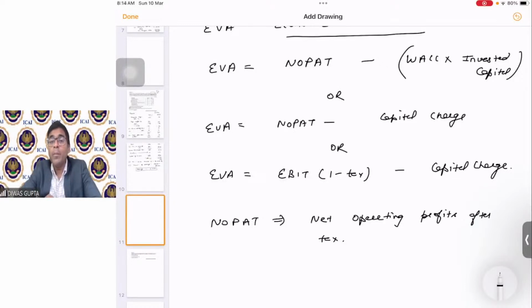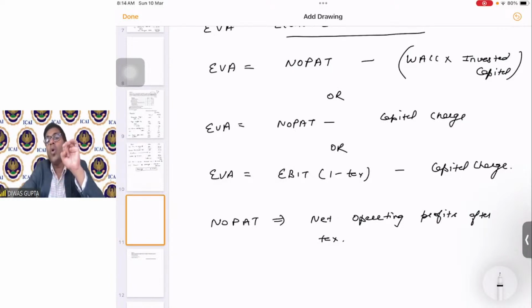What is NOPAT? NOPAT is the net operating profit after tax. If I tell you that by investing that 1 crore, I am able to earn 30 lakhs from the business, that is the business profit.